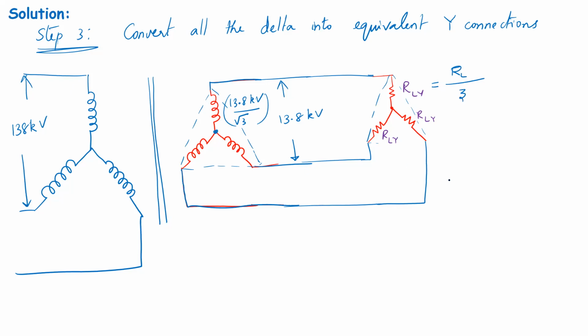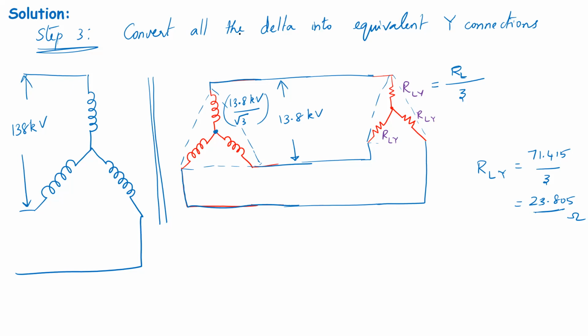So the value of RL Y connection will be the value of RL delta, which is 71.415 divided by 3 ohms, which is nothing but 23.805 ohms. Okay, so this is the resistance of the load when it is converted into an equivalent Y connection.